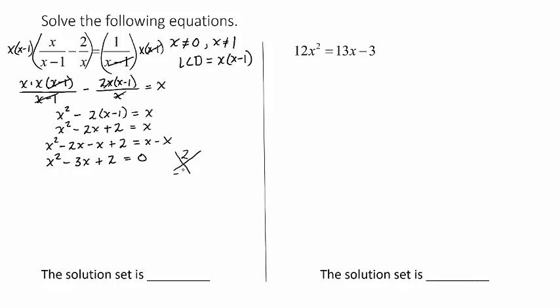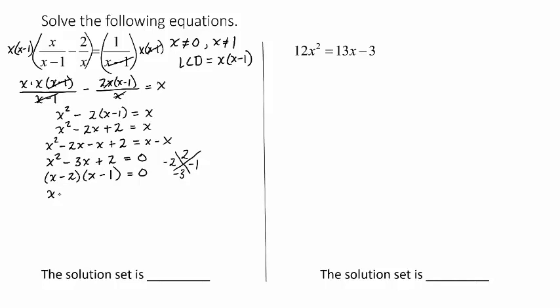Factors of 2 that add to negative 3. So I know that both of the numbers have to be negative, since I add them together and get a negative number. So negative 2 and negative 1 are the only possibilities, and negative 2 minus 1 is negative 3. Okay, so I'm going to have x minus 2 times x minus 1 equal to 0.